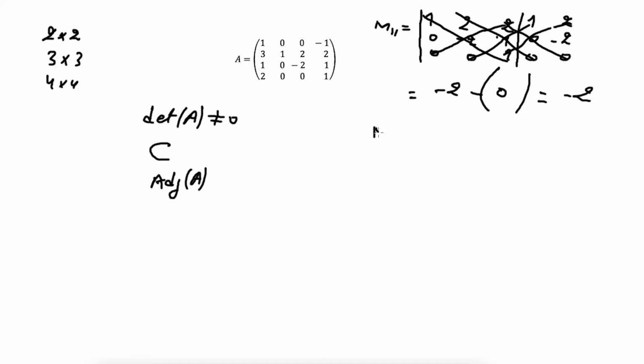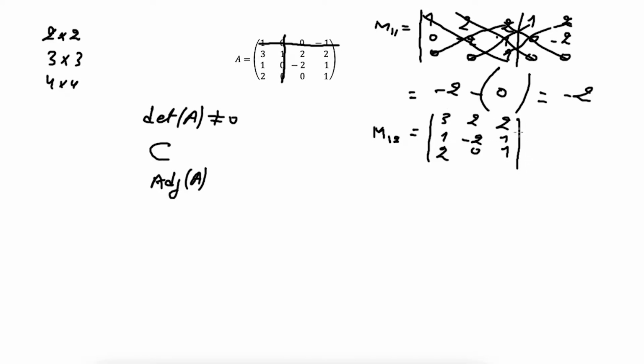And to compute M12, which is this 0 here, we delete this row and this column. The remaining matrix will be 3 1 2, 2 minus 2 0, and 2 1 1.